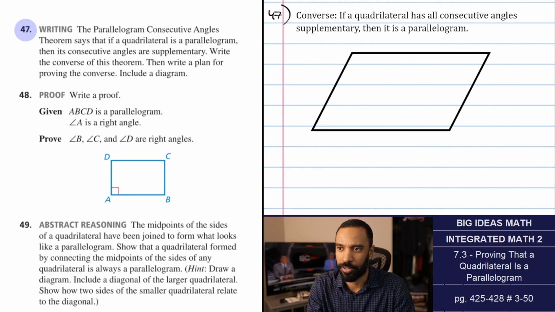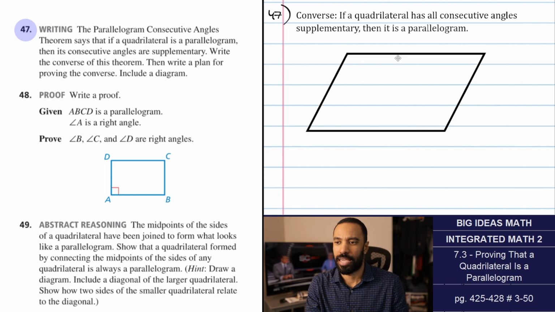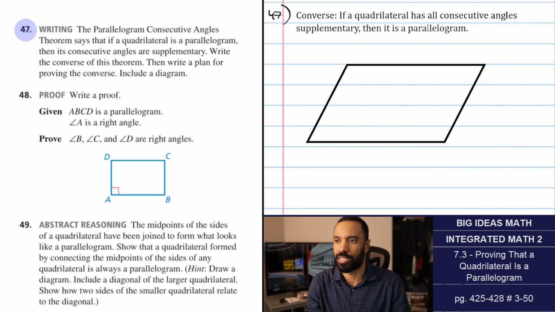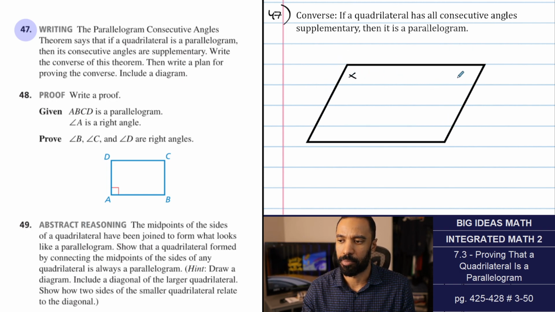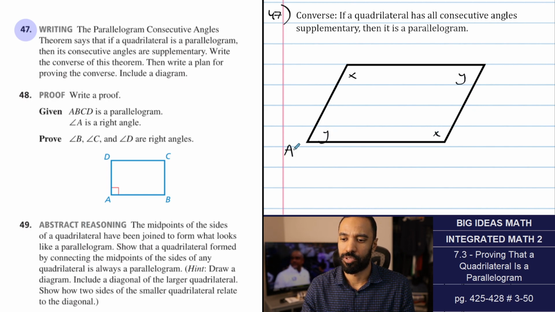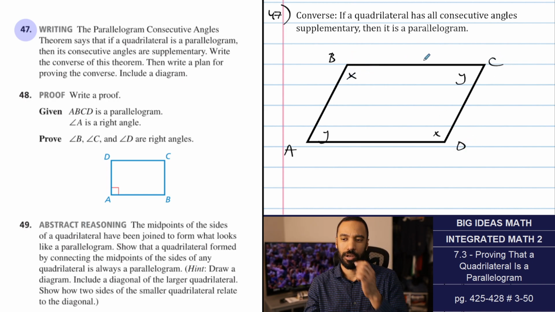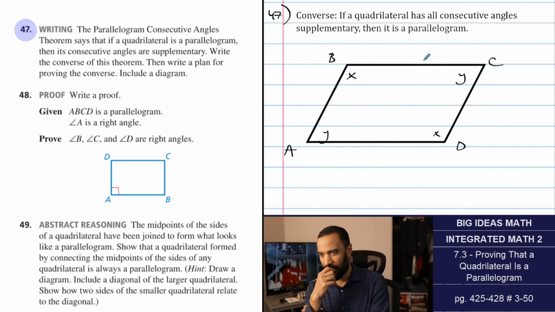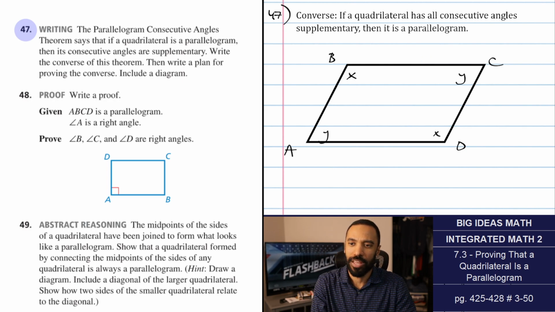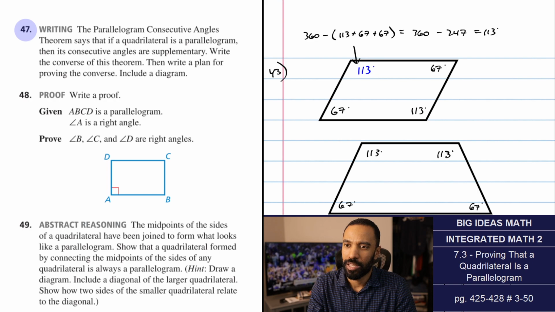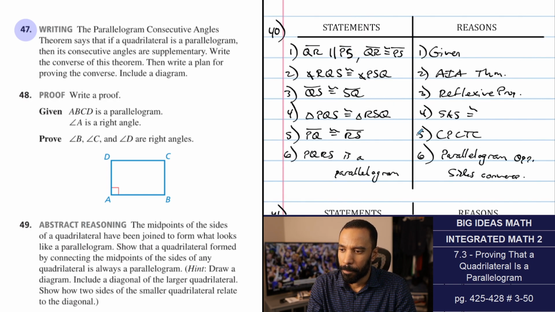So here's my parallelogram. I got some x's and y's. I'm going to use x's and y's that are supplementary. But I don't know. I'm still going to call it A, B, C, D for now and see what I want to do with that. We know they're all supplementary. I feel like that was this proof here.